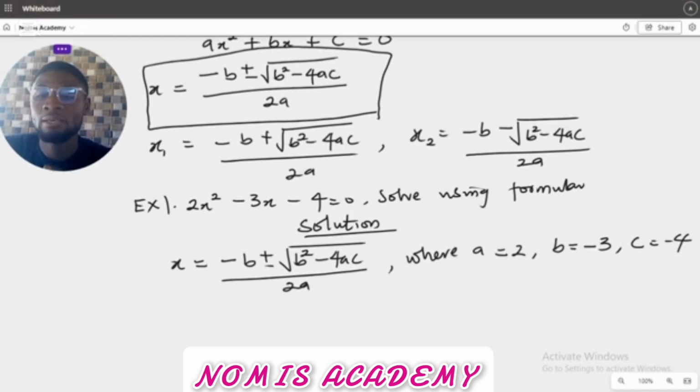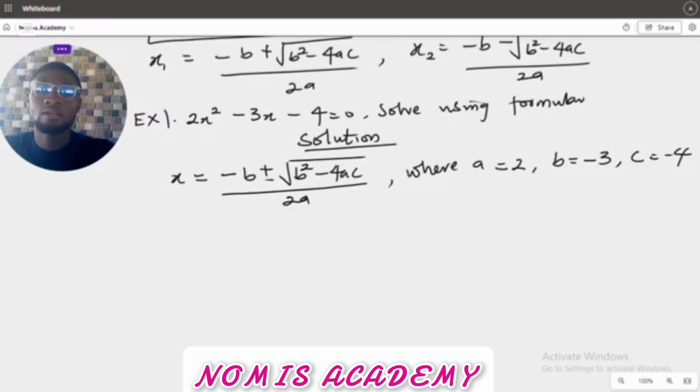Now putting the values of a, b and c into the formula that we have. So x is equal to minus, what's our b? Minus 3.